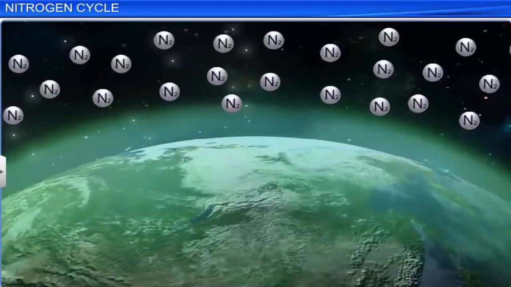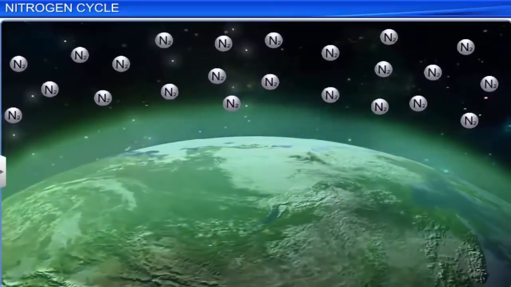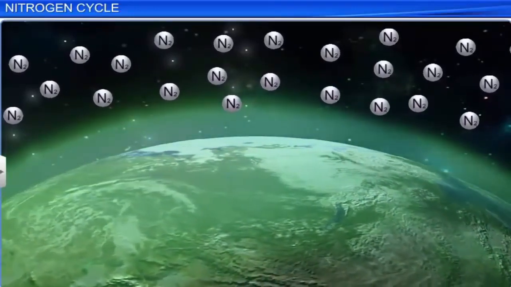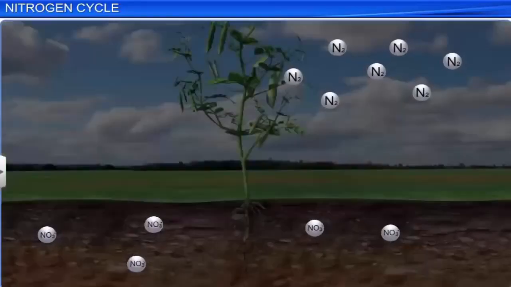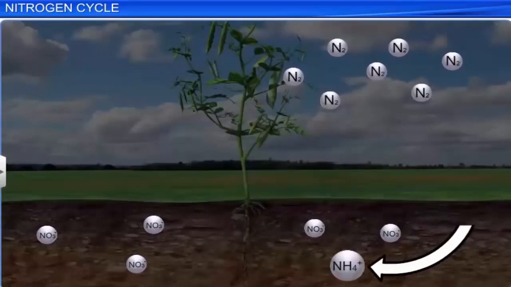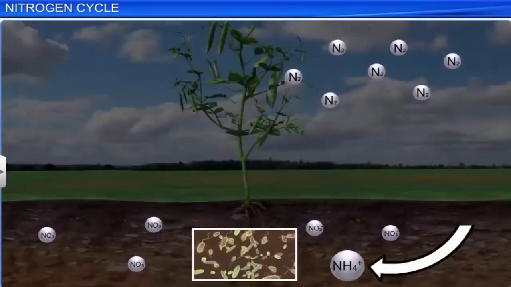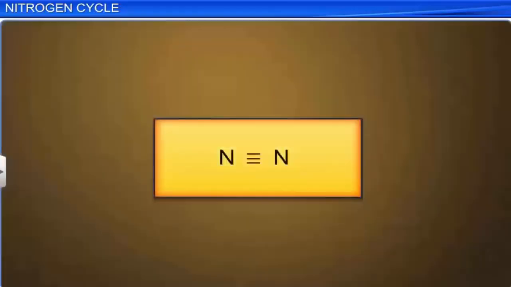However, atmospheric nitrogen cannot be used by plants. Only a small amount of nitrogen is present in soil, and plants compete with microorganisms for it. Atmospheric nitrogen is in the form of elemental nitrogen, which requires a large amount of energy to break it into forms suitable for living organisms to absorb.